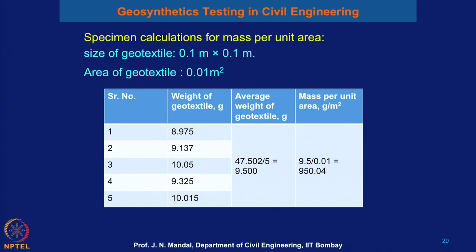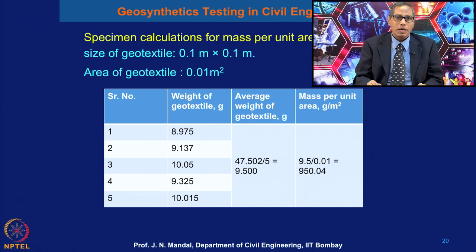Here, some specimen calculations for the mass per unit area are given. You know the size of the sample is 0.1 meter by 0.1 meter, so the area of the geotextile will be 0.01 meter square.